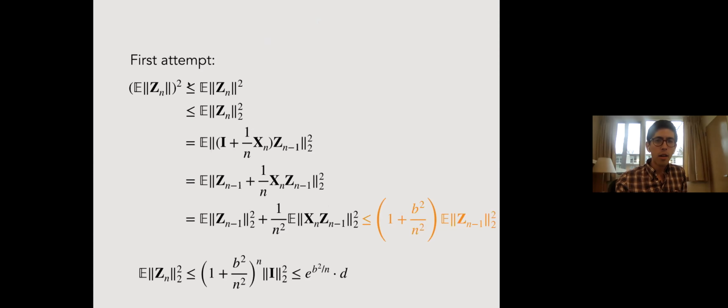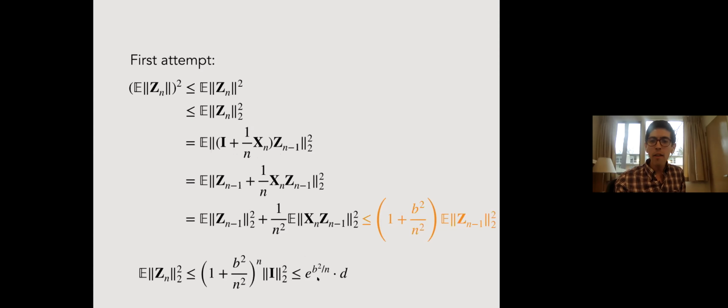You can see my mouse, right? If I just look at this line, one could try to do exactly the same thing, just noting that this matrix has size at most 1 plus b over n, and pulling it out in exactly the same way. But as Afonso notes, what one gets out of that is 1 plus b over n squared, essentially.